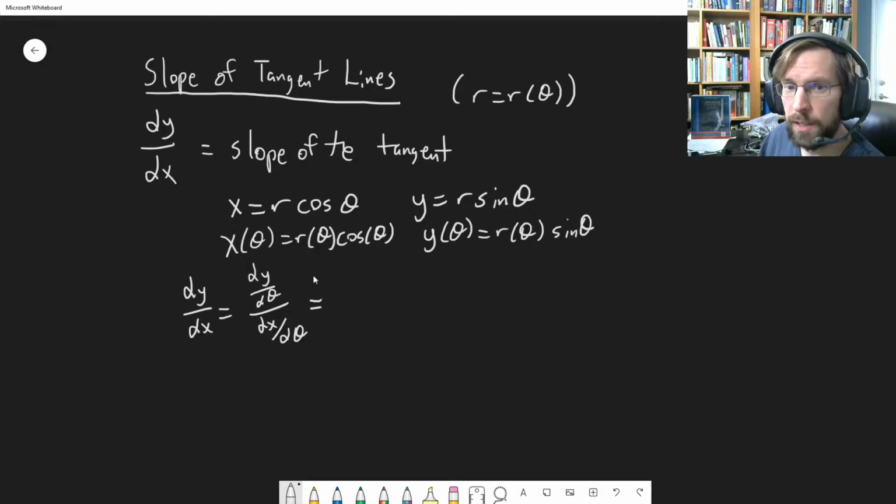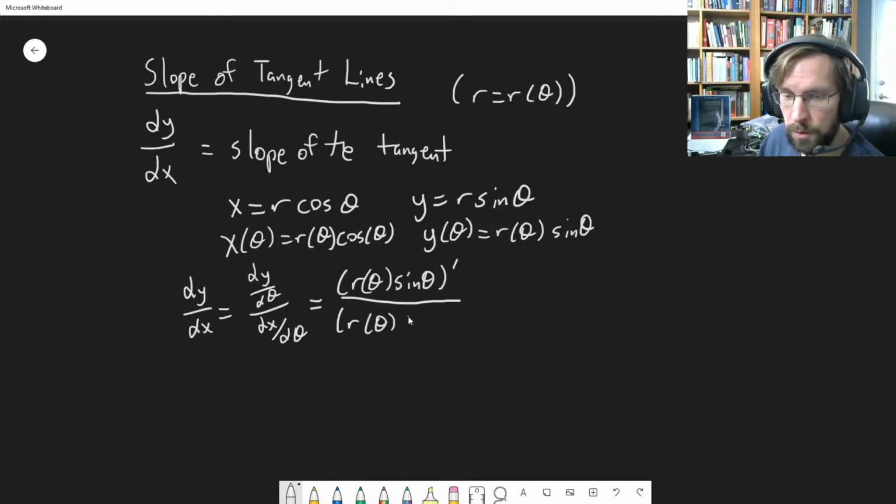dy/d theta is the derivative of r(theta) sine theta, divided by the derivative of r(theta) cosine theta. We have a product of functions in theta, so we can just apply the product rule.